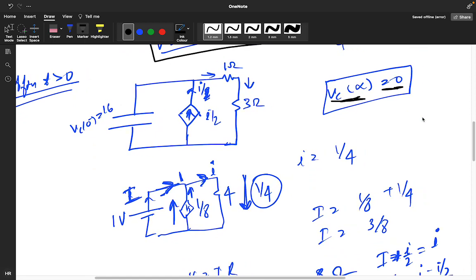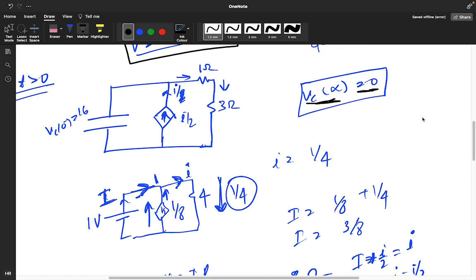Now you need to find the value of the resistor, and here there is a dependent source. So what will you do? You connect one test source of 1 volt, because your resistor will be seen by this.